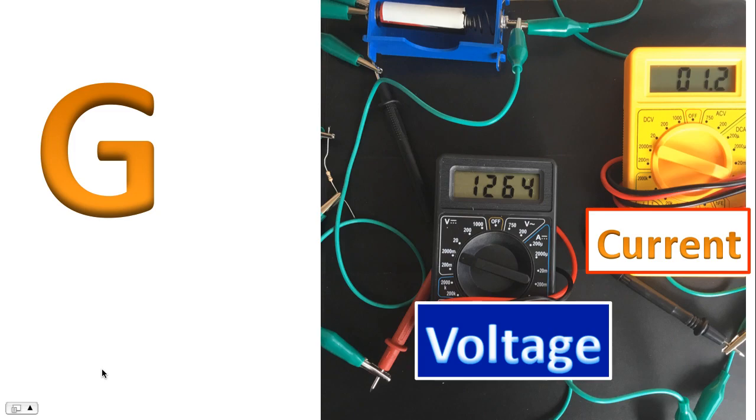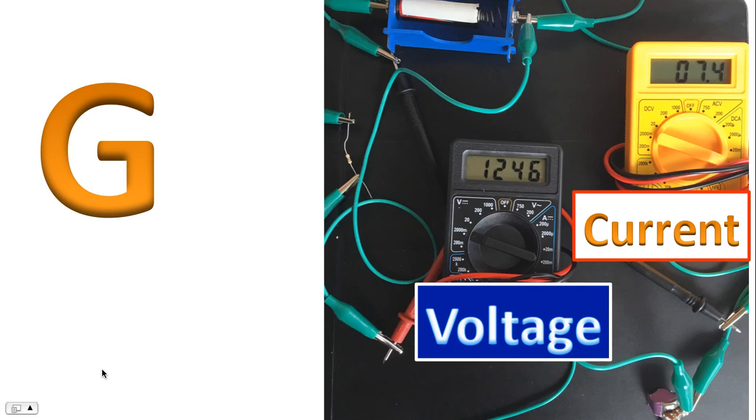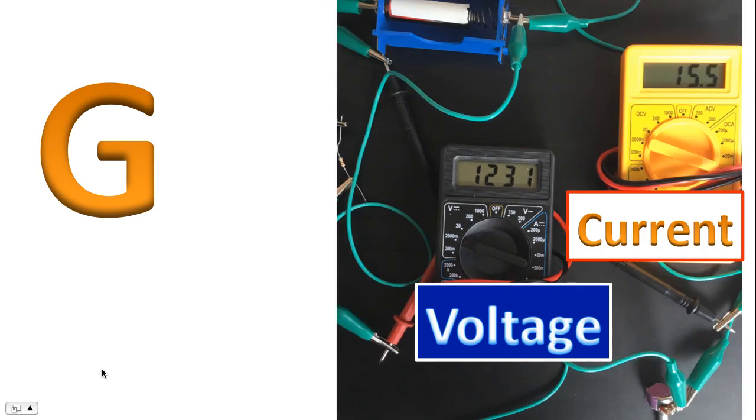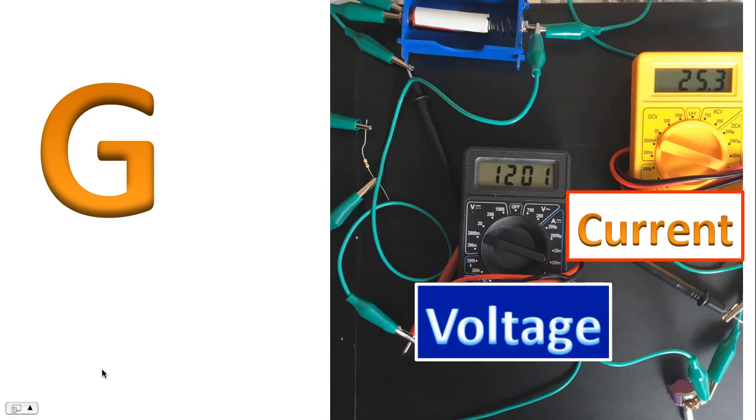Here is the data for battery G. Notice the current is increasing. It's increasing because I'm reducing the resistance for the variable resistor.